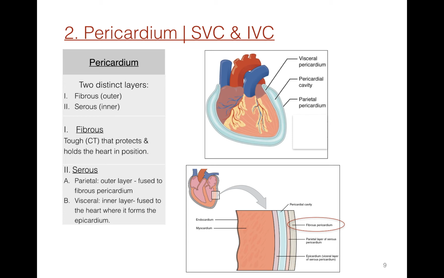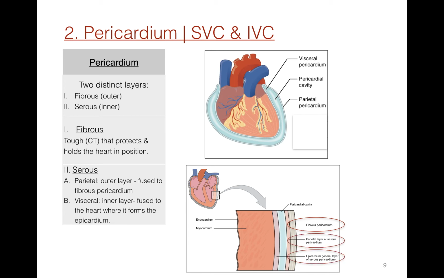The inner serous layer or layers has two parts. The parietal pericardium, which is the outer serous layer, and it is fused to the inner fibrous pericardium.